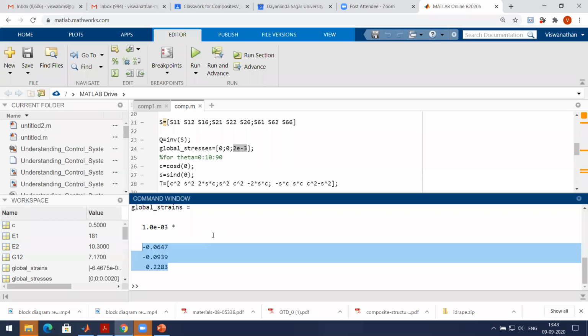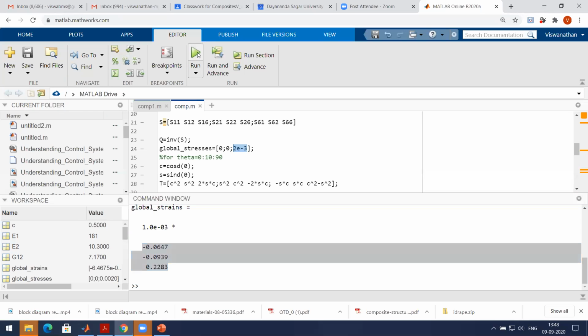As global stresses, sir, 0, 0, 2 into 10 to the power minus 3. Those are stresses. What about strains? Will you get a value in epsilon x? No, sir. You won't get.